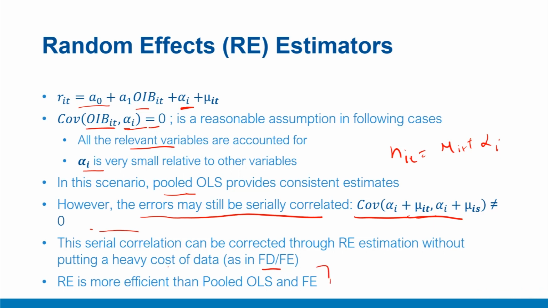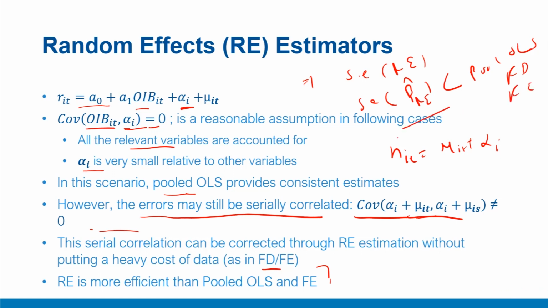In general, random effects is found to be more efficient than pooled OLS, FE or FD. Why? Because the standard error of the random effects estimates, beta RE, is often found to be lower than that of pooled OLS, FD or FE estimates. This is a very useful property, which means the efficiency of this estimator is higher than FD, FE or pooled OLS.